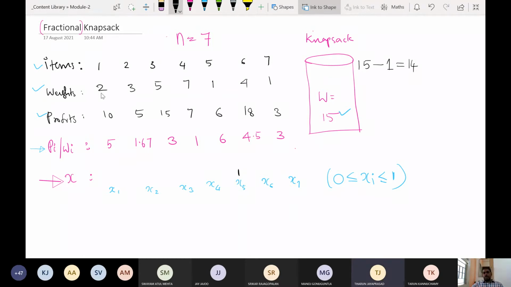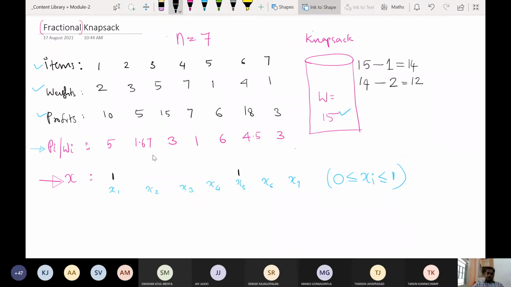Can I include 2 kilograms fully? Do I have remaining capacity? Yes, so I can include it fully. So from 14, 2 kilograms completely included, the remaining is 12. And I should mark x1 equal to 1, meaning item 1 has been included completely.